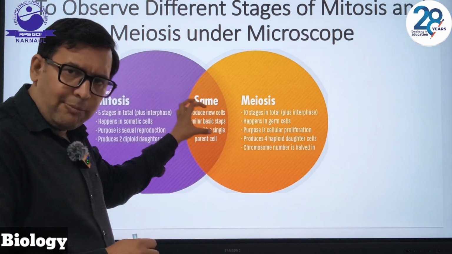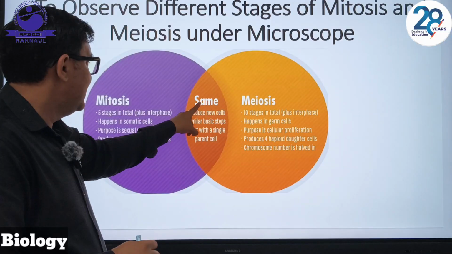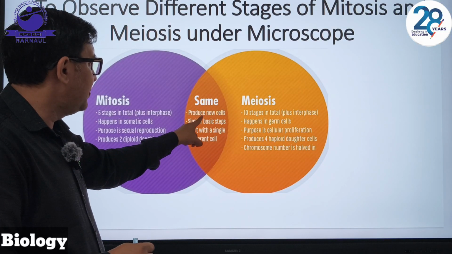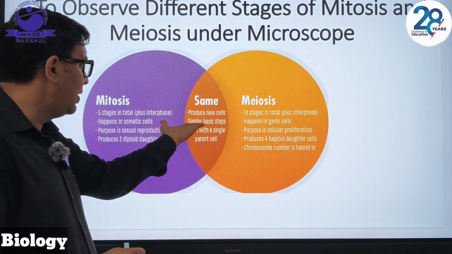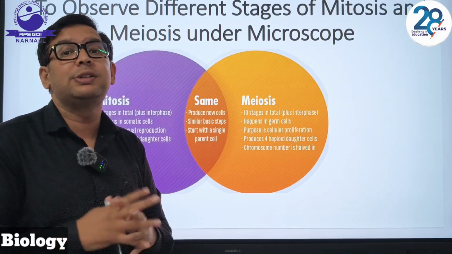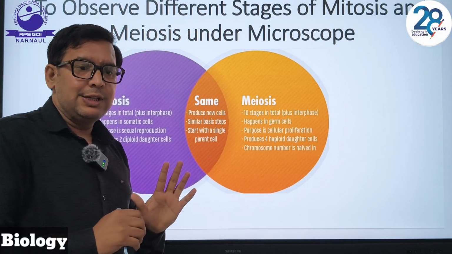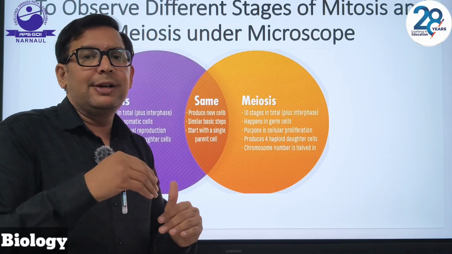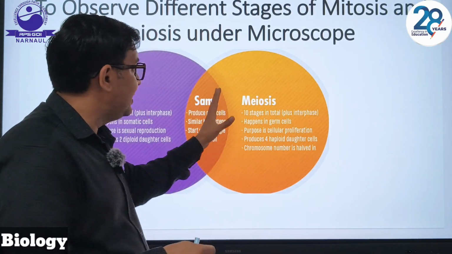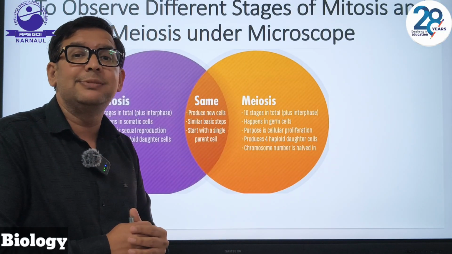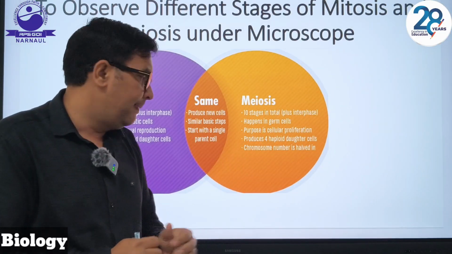There are a few common things among these: both produce new cells, they have all the basic steps, and they all start with a single cell. In meiosis, we particularly study that it forms the germ cells or the gamete cells.